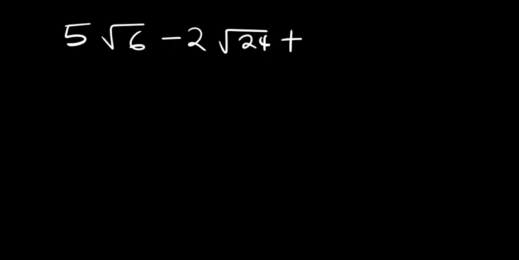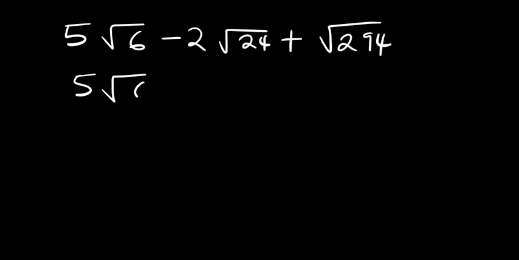Okay, let's solve another one. Let's say this time I've got 5 root 6 minus 2 root 24 plus the square root of 294. How do we solve such a one? For this one, I'm going to maintain 5 root 6 minus 2.